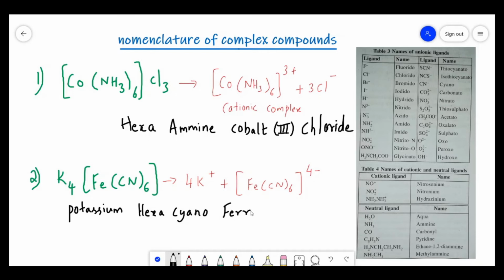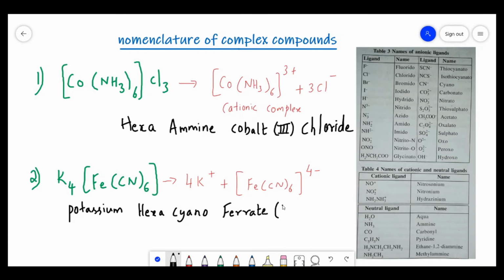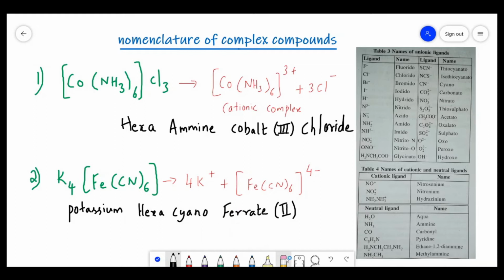We must not write iron; we write ferrate. If you calculate the oxidation state, it is +2, and we write that. This is how we write an anionic complex. Whenever there is an anionic complex, we write ferrate.